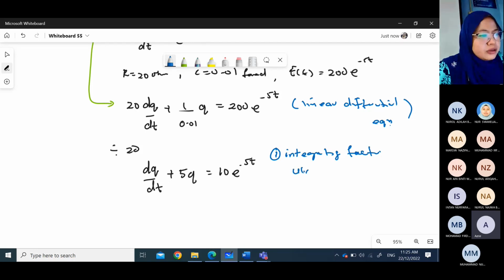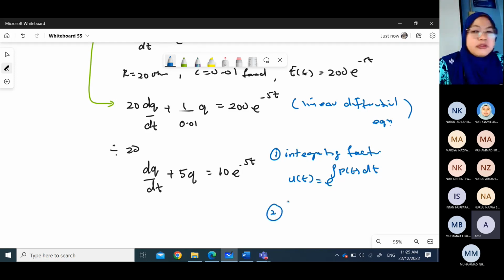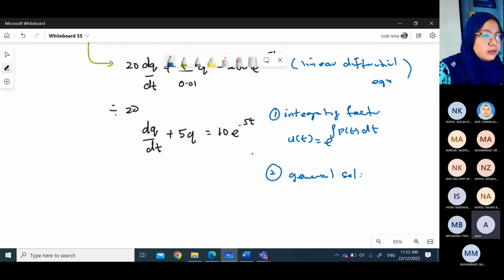Okay, so which is u of x, u of t, kita guna t sebab variable dia adalah t. U of t equal to exponent integral p of t dt. And next one, we find general solution, 1 over u of t.